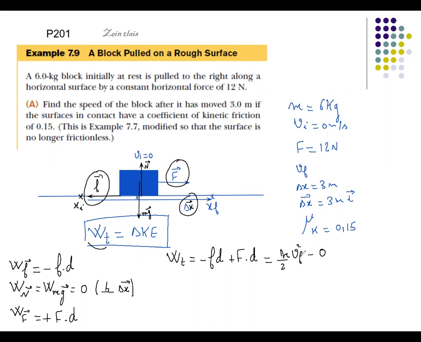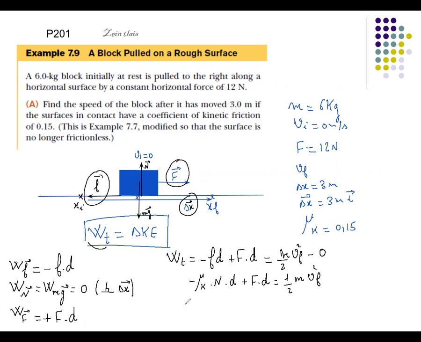We have to calculate v final. So we can substitute the values: minus mu kinetic times N times d plus F times d equals half m v final squared.